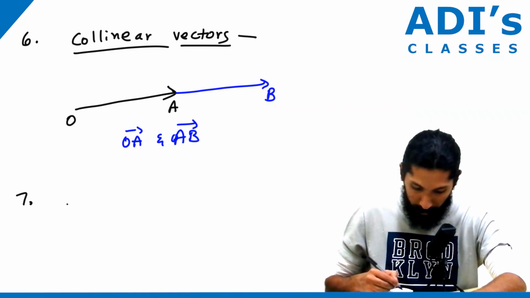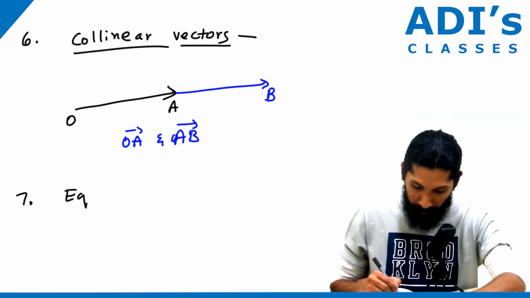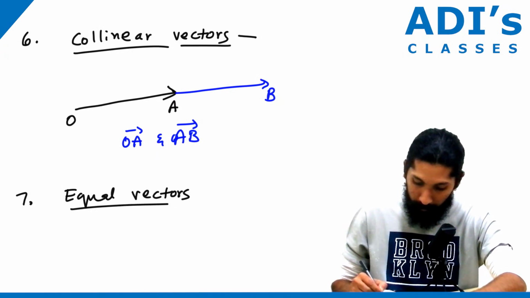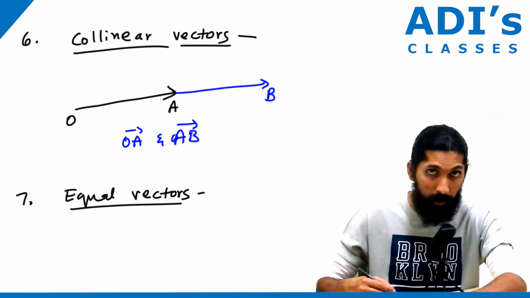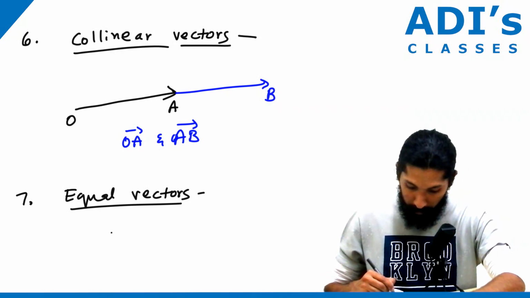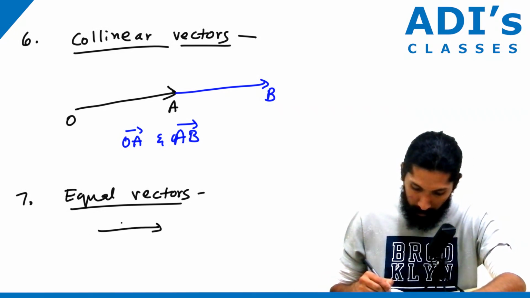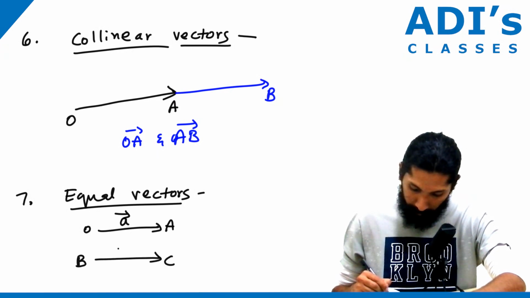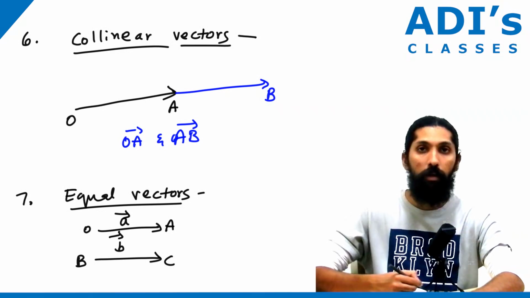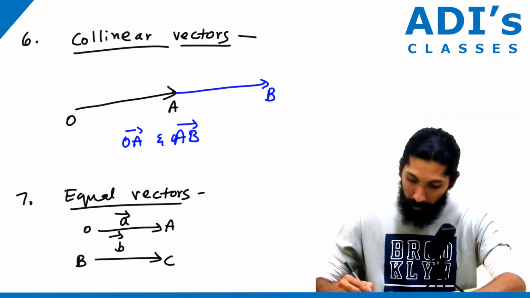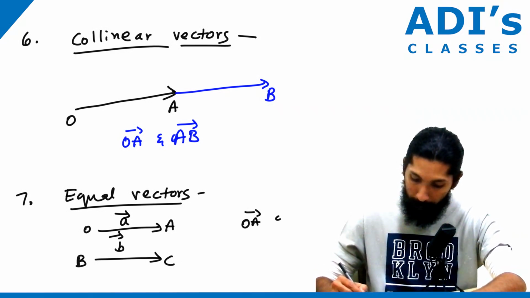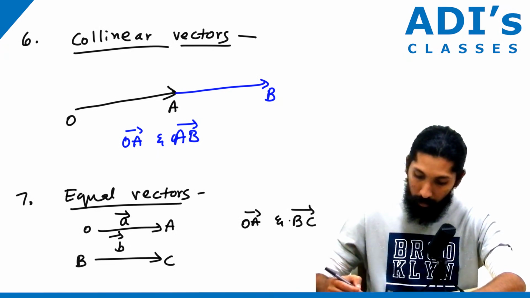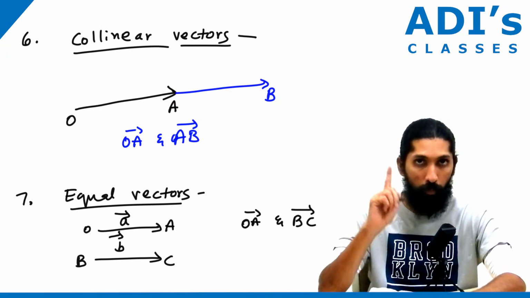Now, equal vectors are quite important because we use these equal vectors in a lot of derivations, especially in addition and subtraction. That's why. Now, suppose say you have vector A. Let's assume this is A. This is OA. And some other is here. Say this is BC, which is vector B. Now, here OA and BC, these two are equal vectors because one, they have the same direction.